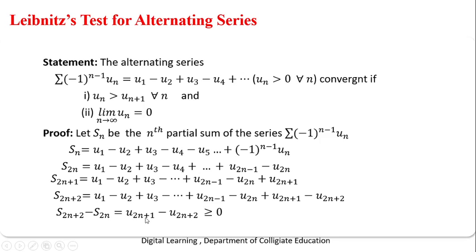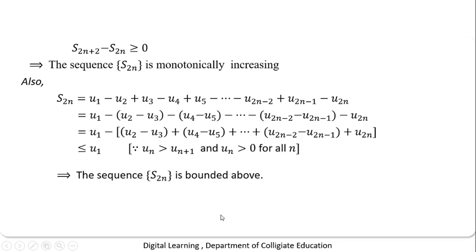Remaining is u2n plus 1 minus u2n plus 2, which is greater than or equal to 0 because of the first condition. The first condition is un is greater than un plus 1, meaning u1 is always greater than u2. Therefore, here u2n plus 1 is greater than u2n plus 2. Hence, it will be greater than 0.